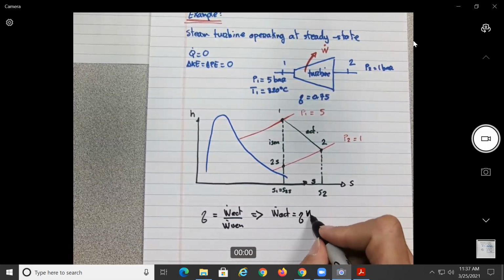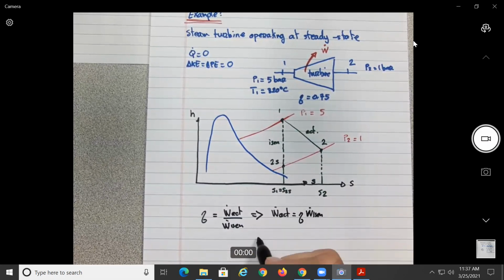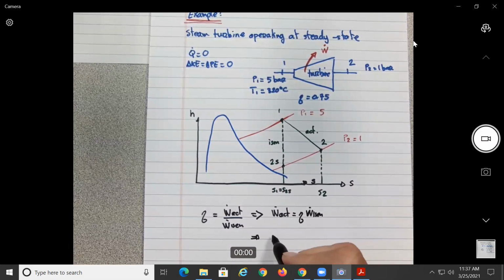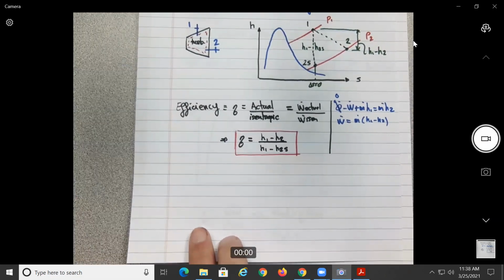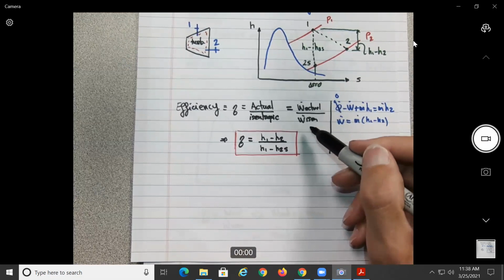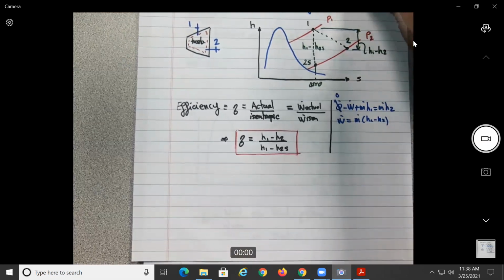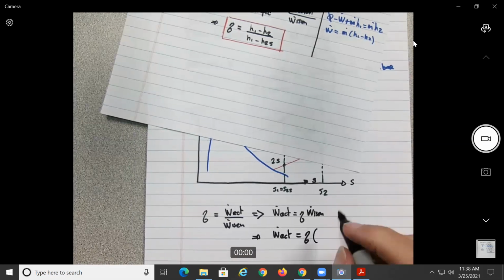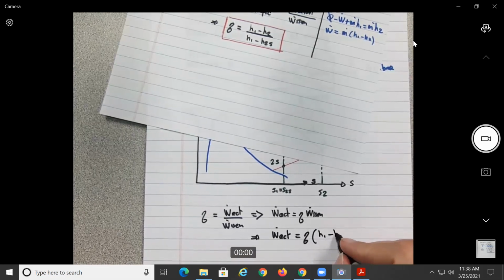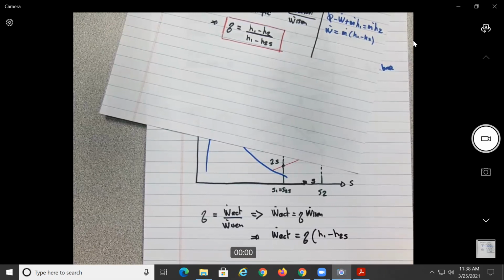That's not complicated to understand. I'm using this equation all the time. So the actual is the efficiency times the isentropic, which is h1 minus h2s, so efficiency times (h1 minus h2s).